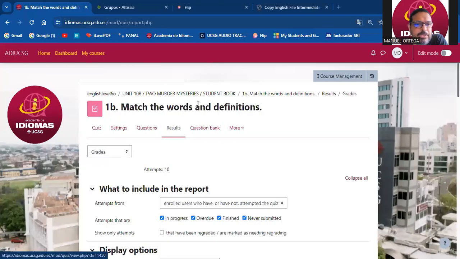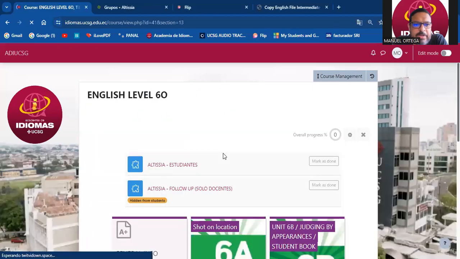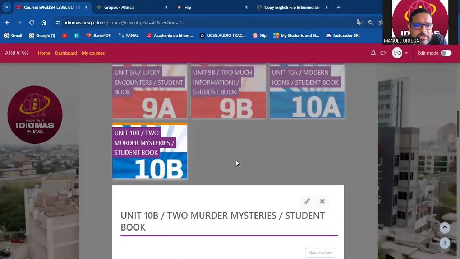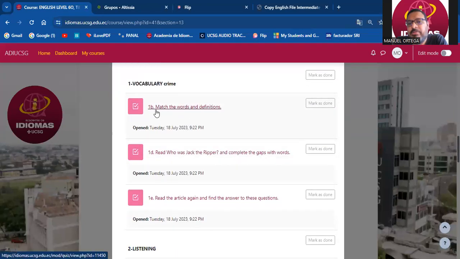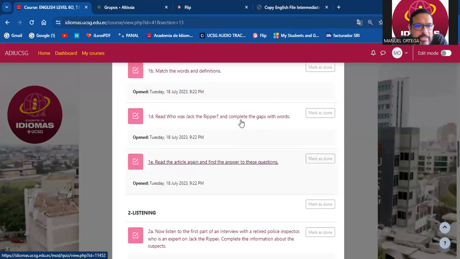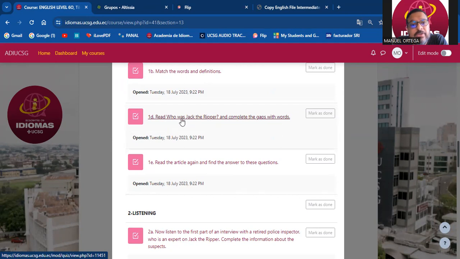Perfect, we can continue. Going back to the main page, remember we just started Unit 10B, and we are in the section of vocabulary, finished the first activity, 1B. Let's take a look at the next activity, 1D, that tells us to read who was Jack the Ripper and complete the gaps with the words.